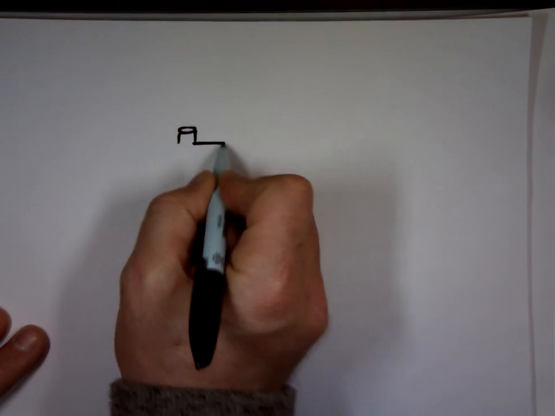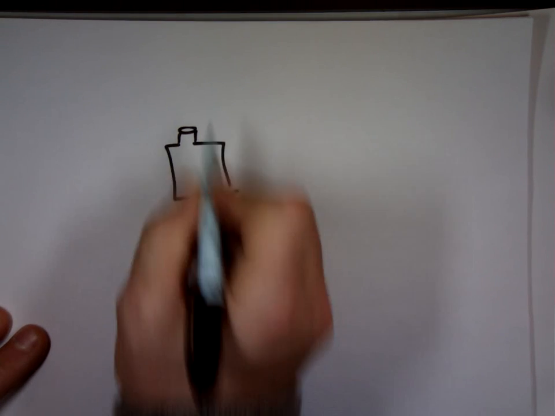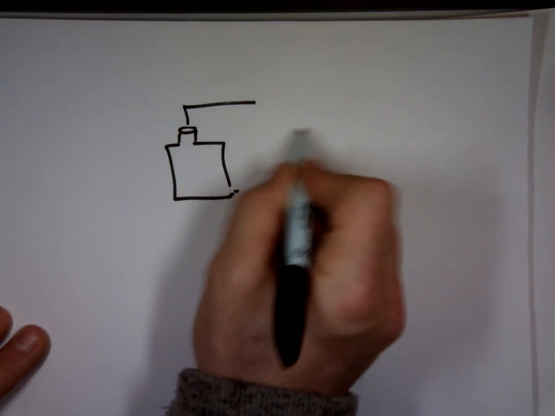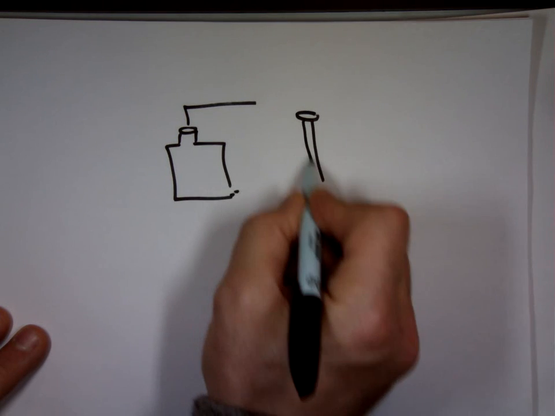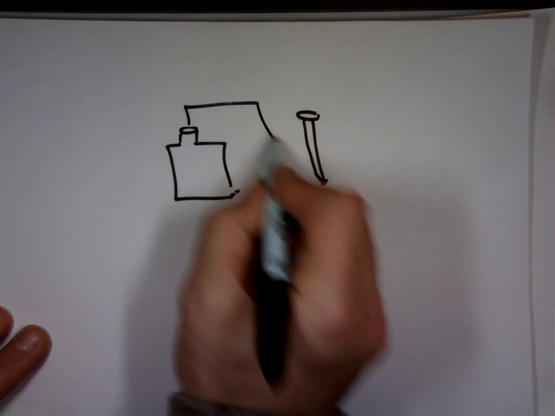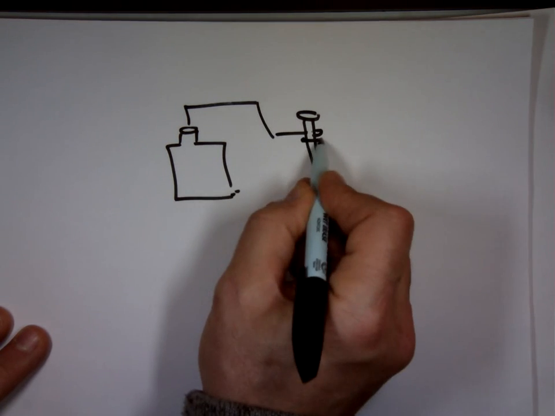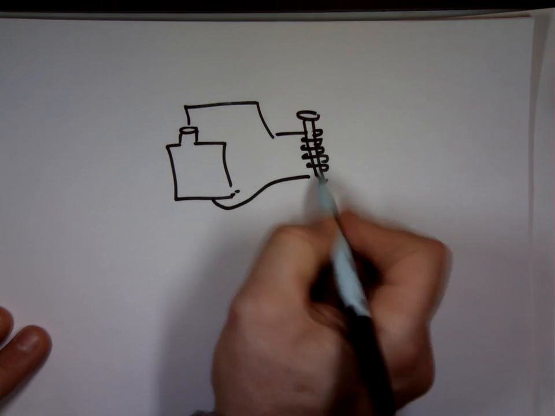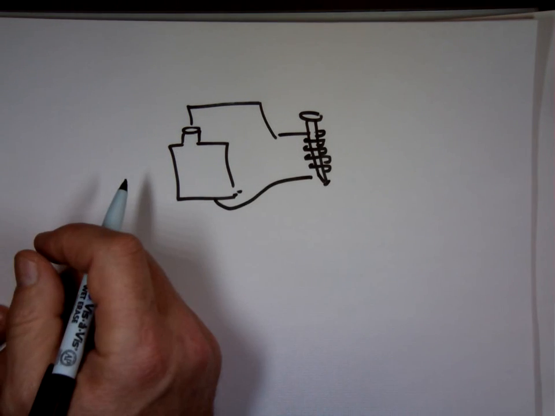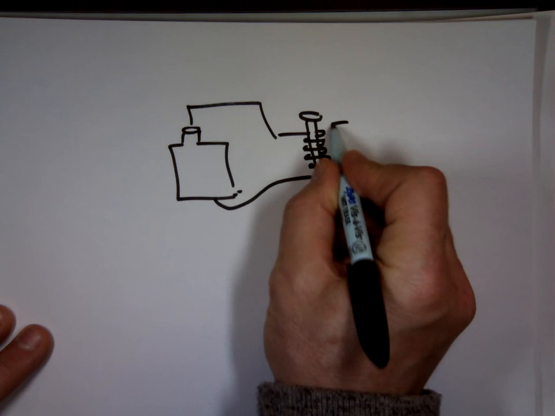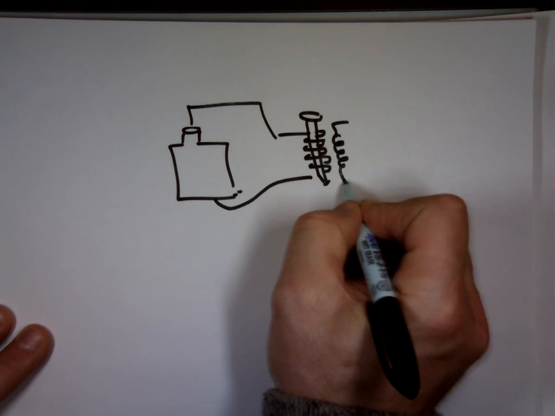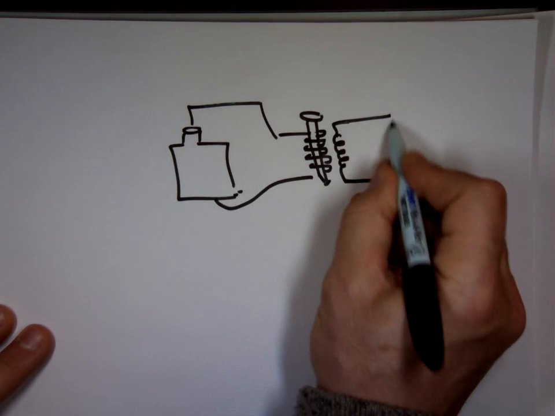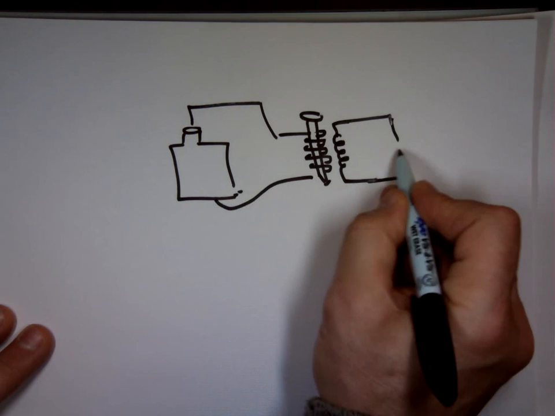If you take a nail here, and you take the wire and you wrap it, what happens? That becomes a magnet, right? Now if you take another wire and wrap it here, and you measure the current through this, it's not even attached to that. If you measure the current, you will see there's a current going through that.